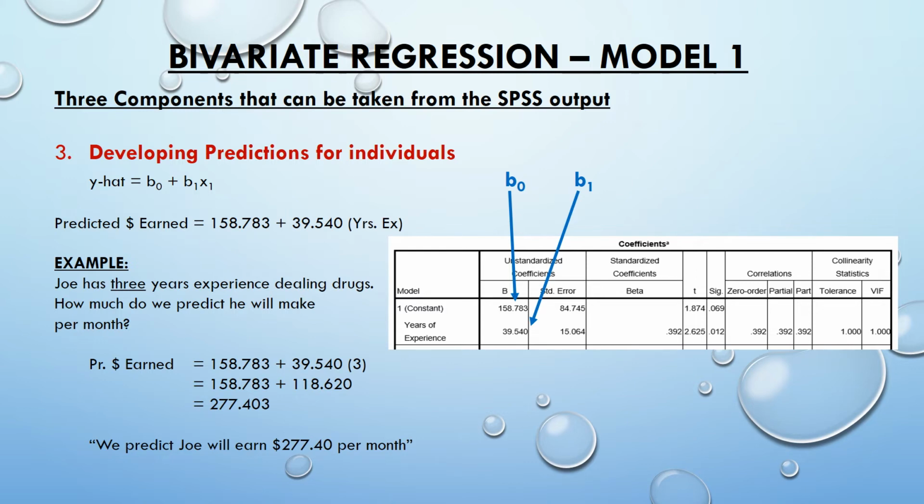And that's really what we're trying to do with research: predict why does crime occur in one place but not another? Why does one person make more money than another, etc. Okay? So how do we do this developing of predictions?